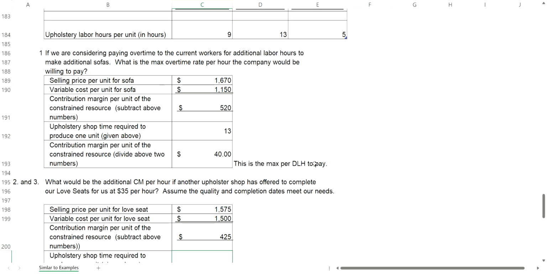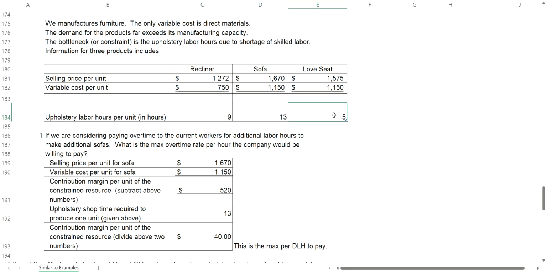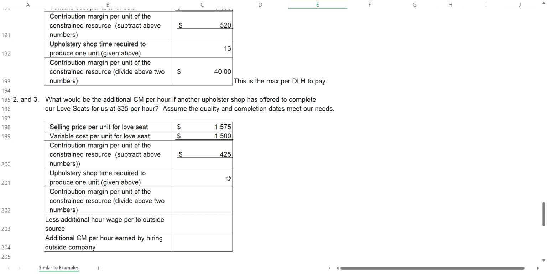Now, the required amount of time to upholster the love seat is 5 hours. So I'll do what I did earlier. I'll take the contribution margin and divide it by my constraint resource that it takes per unit of 5 hours. So 425 divided by 5 gives me an even $85 per hour.